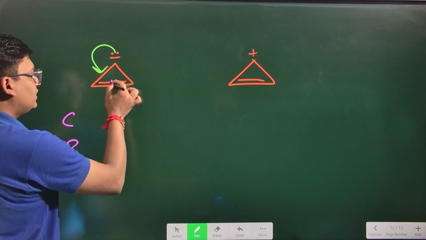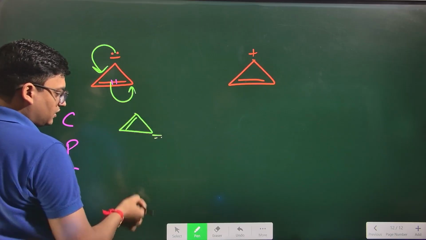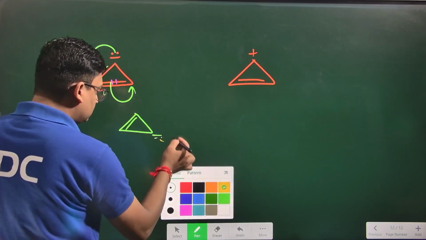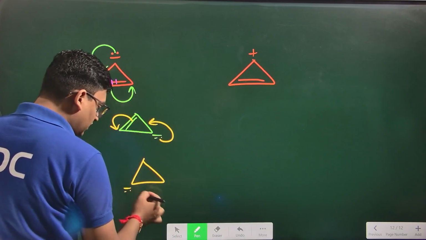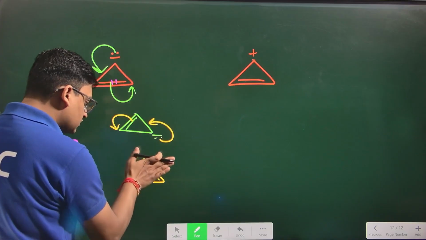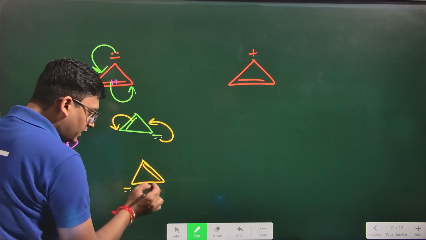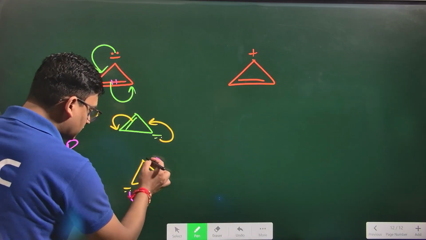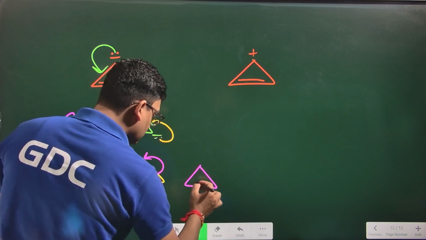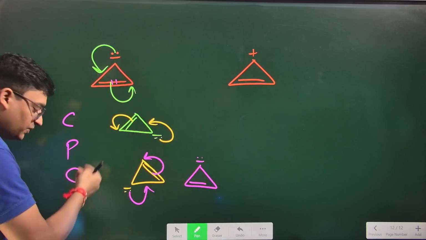This moves here, so negative charge here. Again, this moves here, producing negative charge here, and this moves here. Same. So yes, there is complete conjugation.